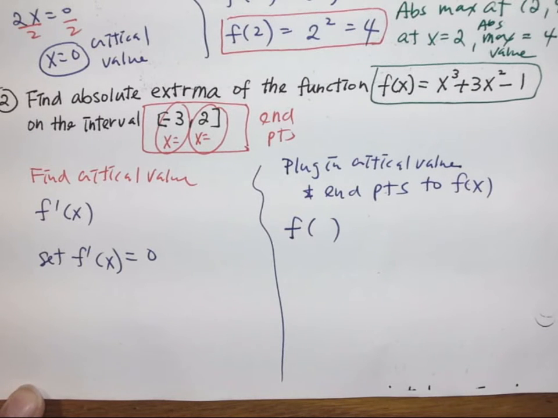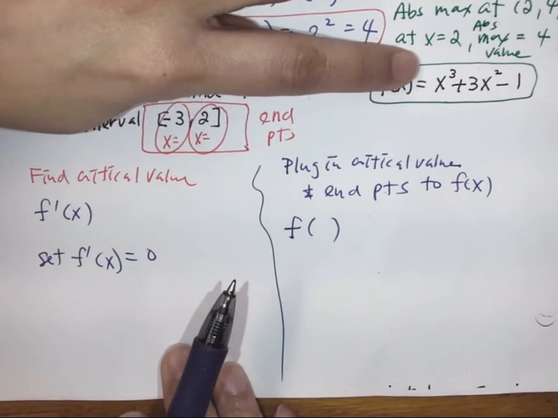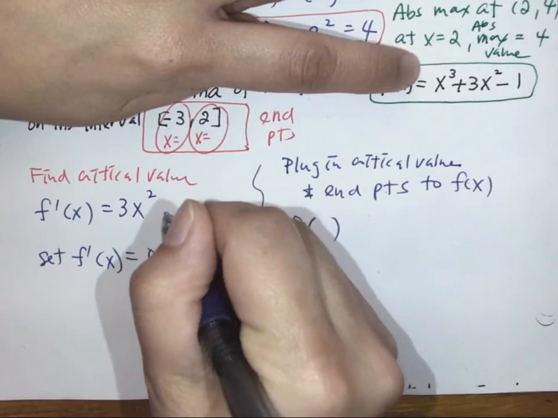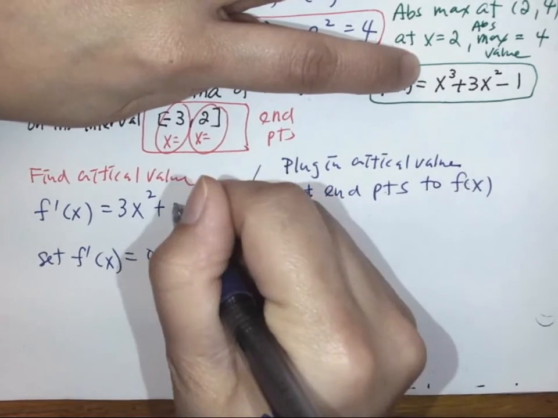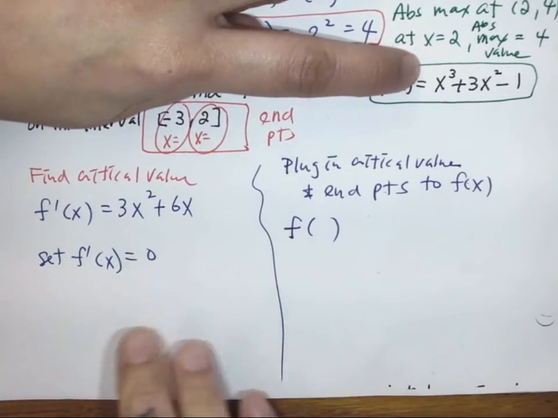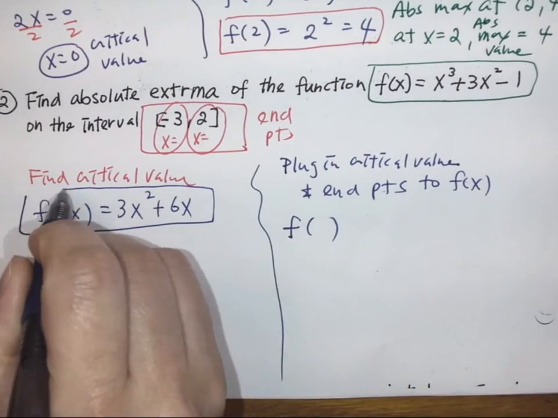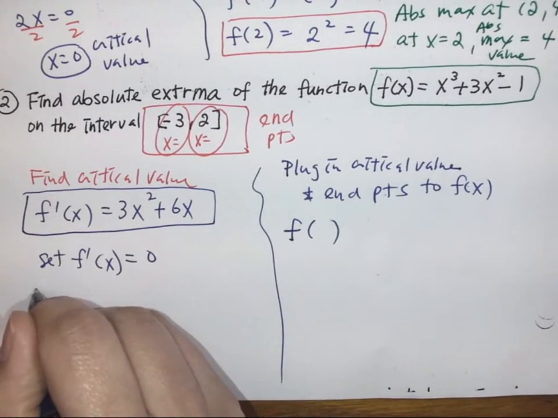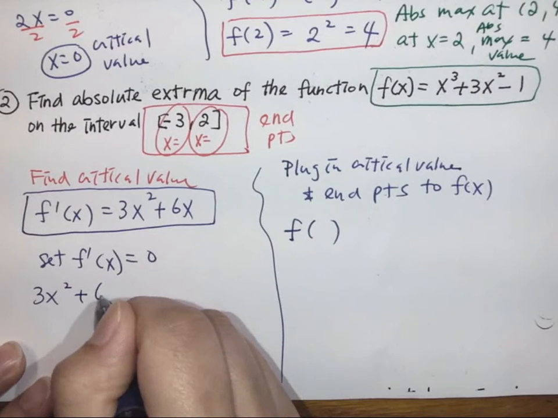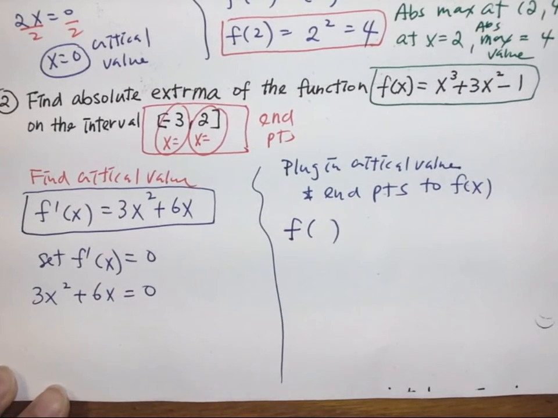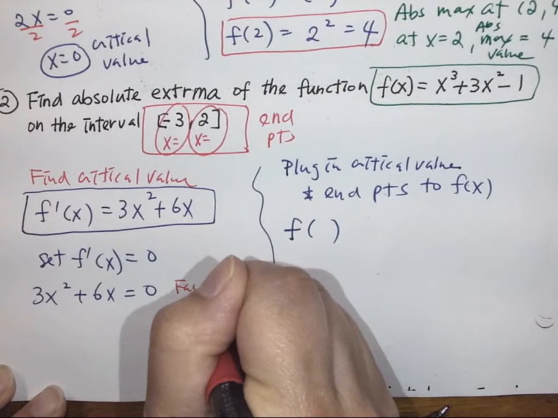So if you're ready, when we find f prime of x, we're using this function. So it's going to be 3x squared plus 3 times 2 is 6x, and the 1 turned into 0, right? So that's my first derivative. I need to set that equal to 0. 3x squared plus 6x equal to 0. To solve that, I need to factor.